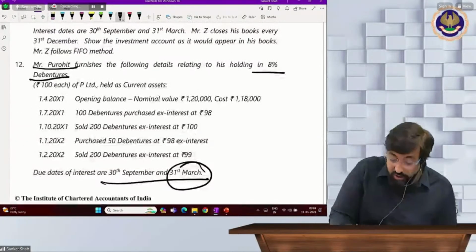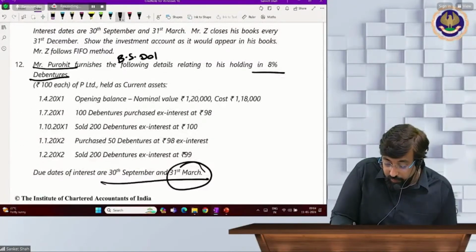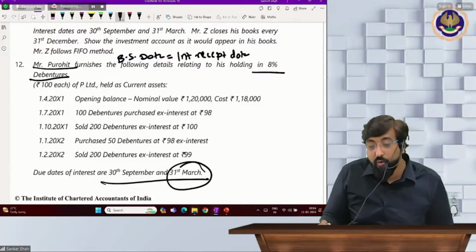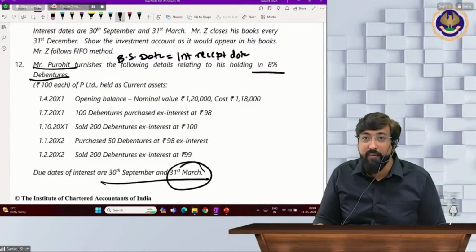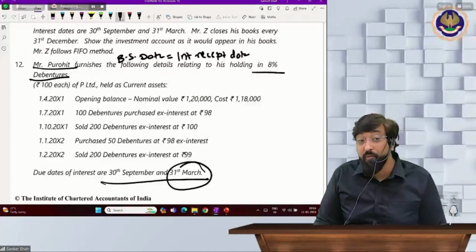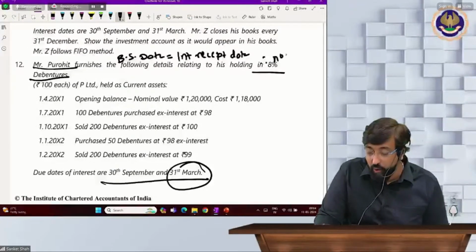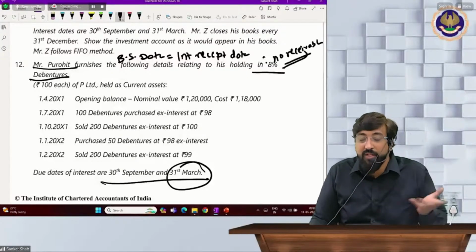See, balance sheet date is equal to interest receipt date. So according to accrual concept, we have to pass entry for receivable, payable. So anything which is receivable, no sir, no receivable. Therefore, no receivable. Because we got the interest, balance sheet date is same.